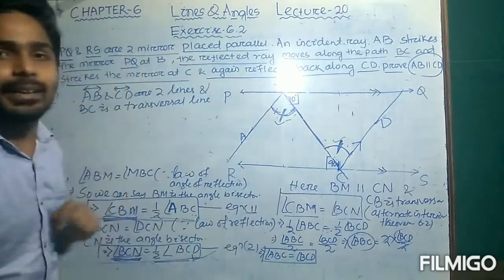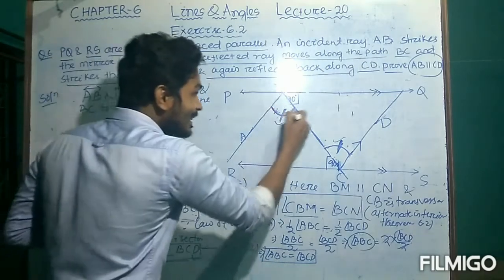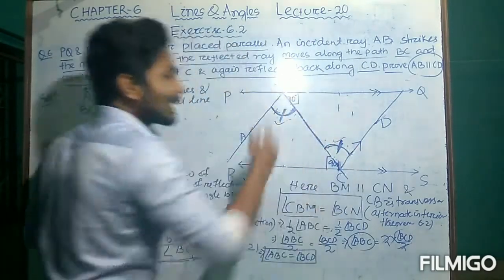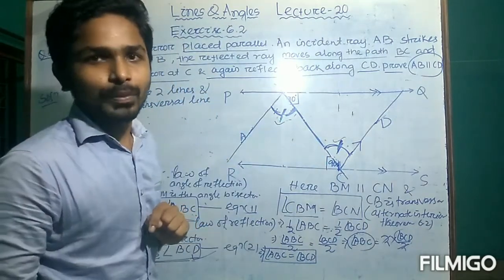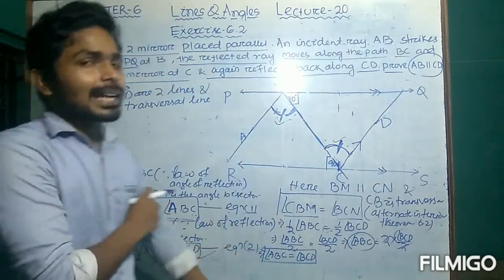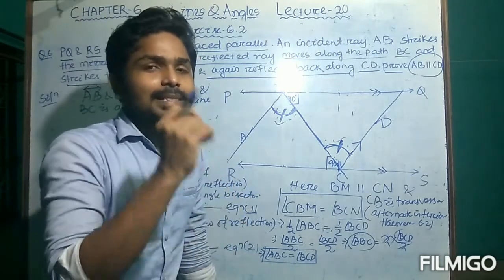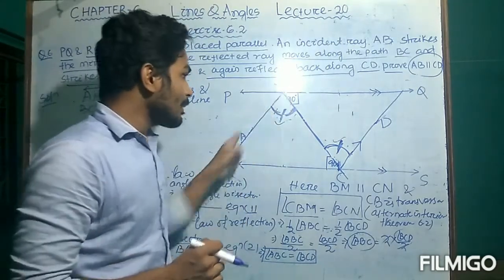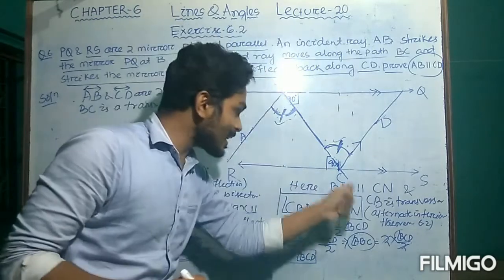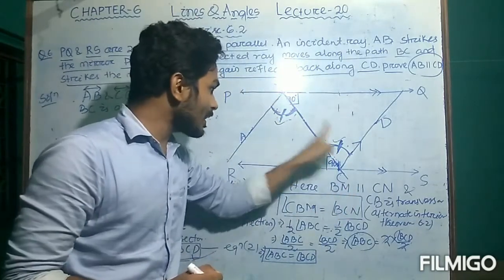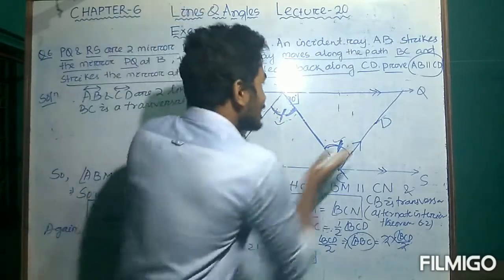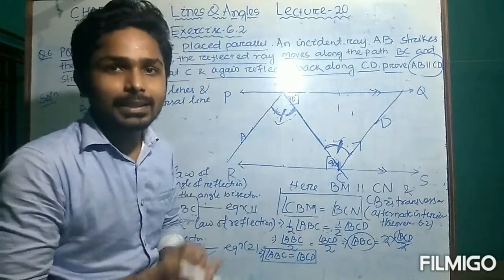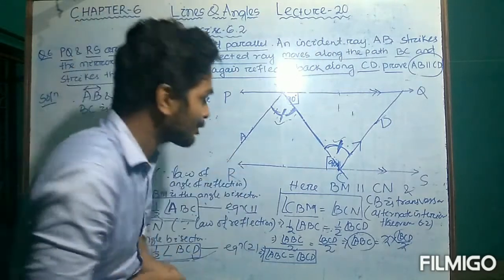But what you find here? You find that this angle is equal to this angle. It means the alternate interior angles are equal. According to theorem 6.3, if a transversal line intersects two lines such that the pair of alternate interior angles are equal, then these two lines are parallel. This is theorem number 6.3.